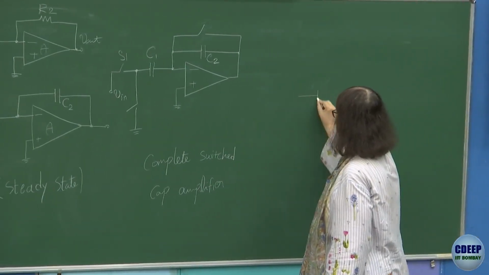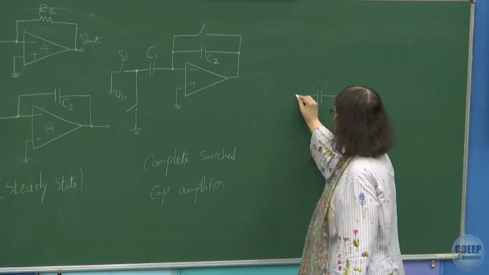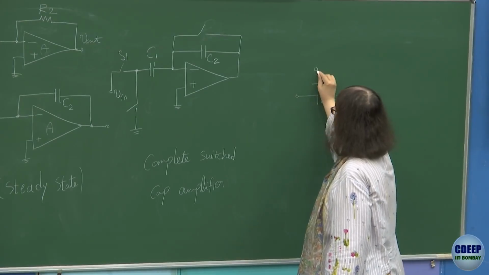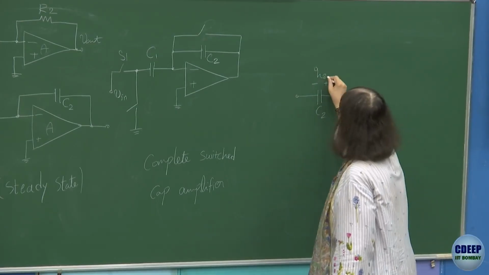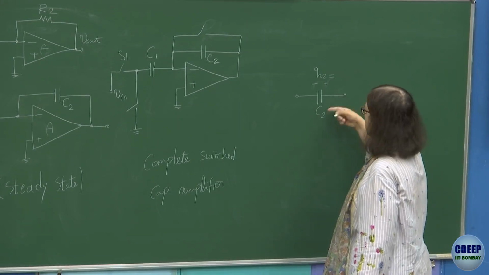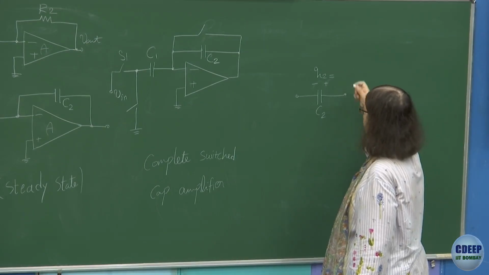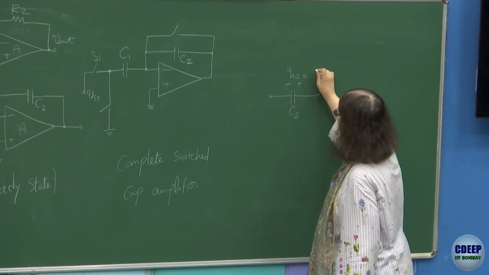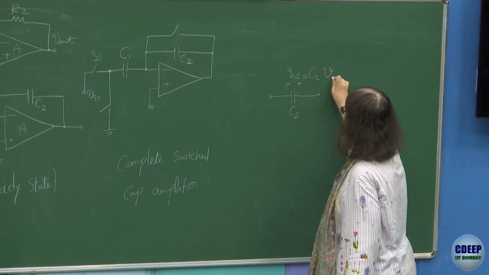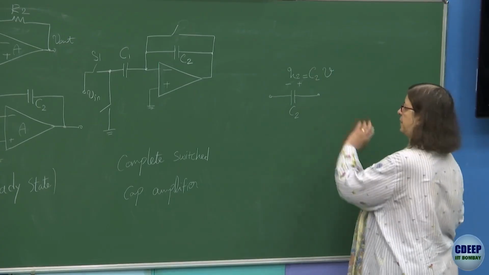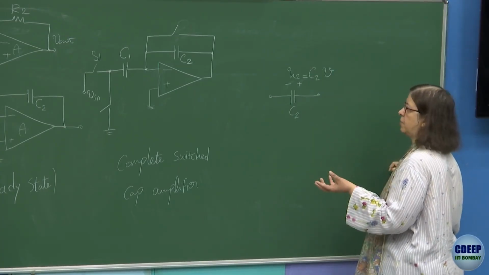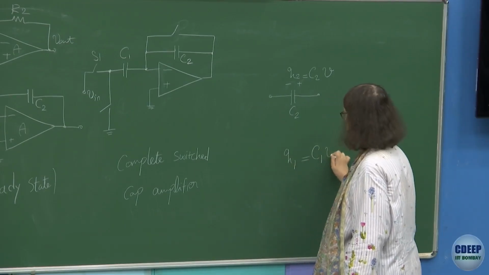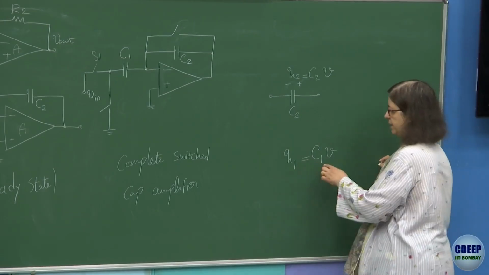Suppose you have a capacitor C2 and the charge stored on this capacitor, say Q2, is equal to, for example, C2 into voltage V. Okay, let's say V. Now we have another capacitor which has, for example, a charge of Q1 equal to C1 multiplied by V. We charge that capacitor by C1V.